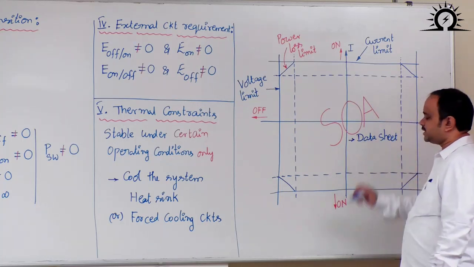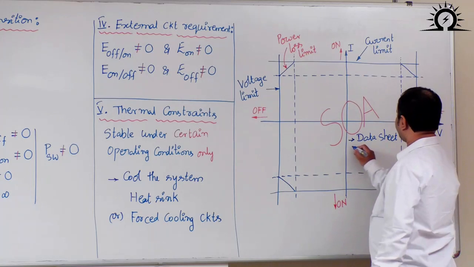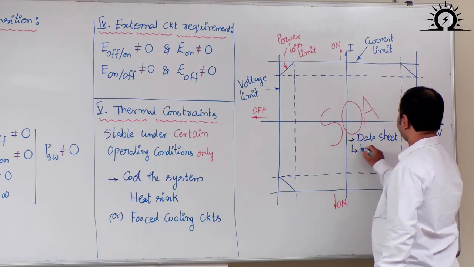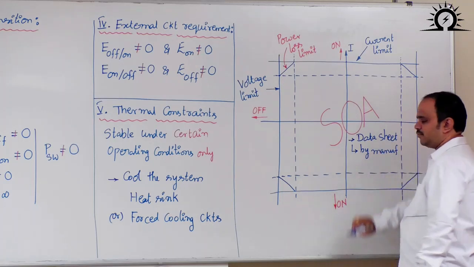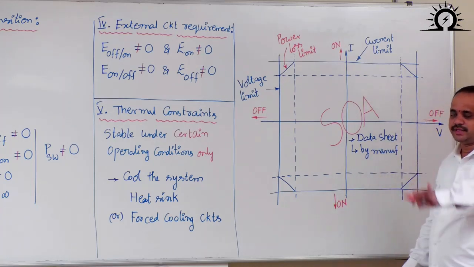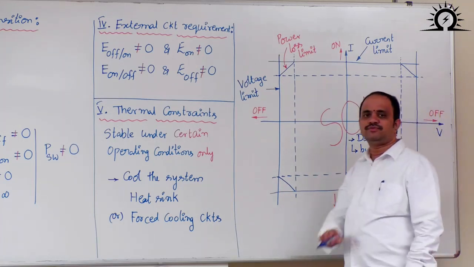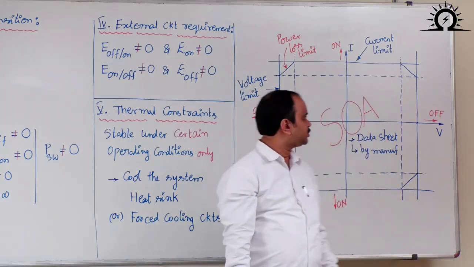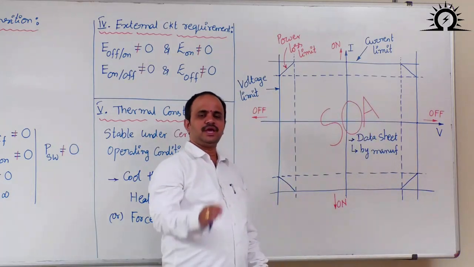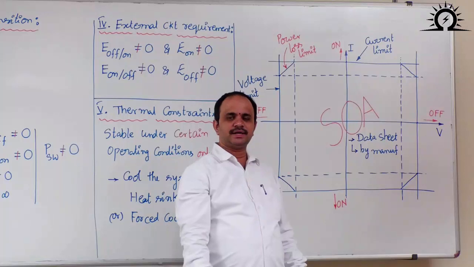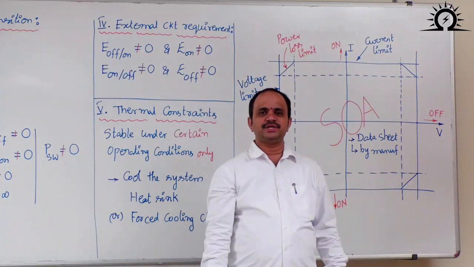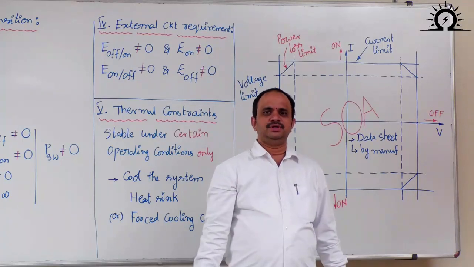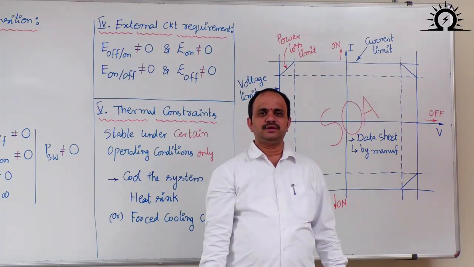This data sheet will be provided by the manufacturer of that particular device. So you have to follow this information before placing any power semiconductor device in a given circuit, so that the operation will be safe. With this I will conclude my lecture. We will continue in the next lecture.